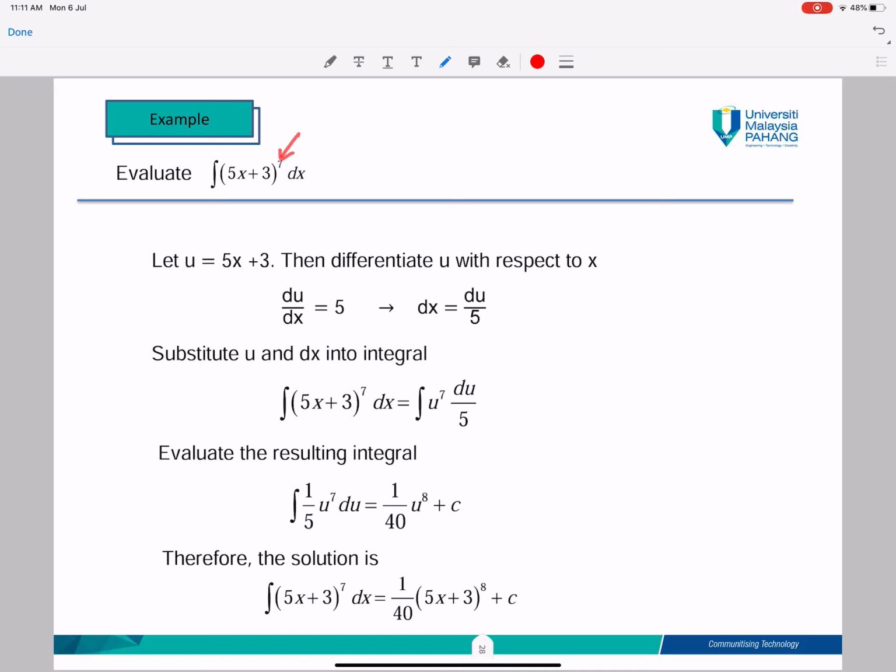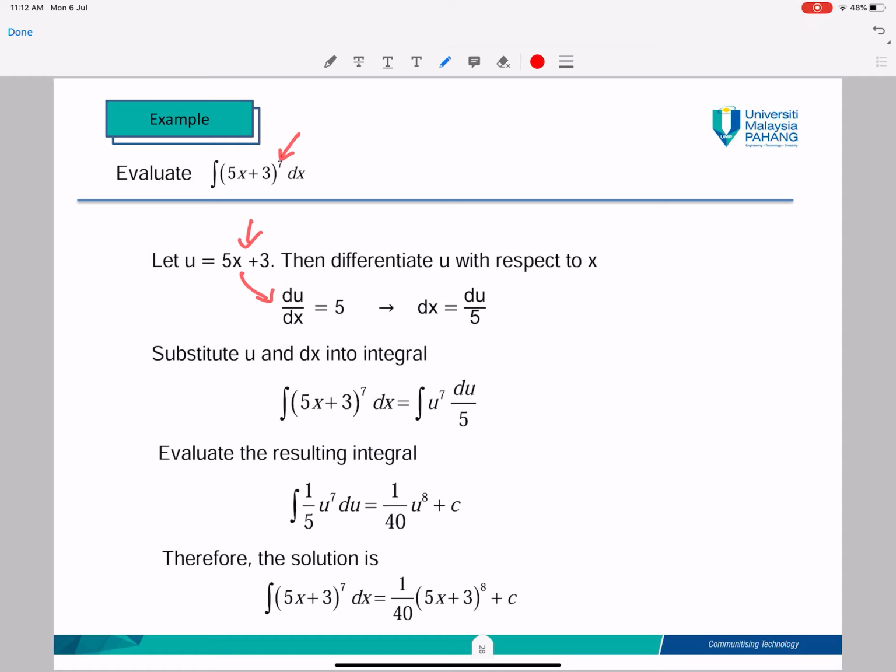So it is much easier if we use an integration technique, which in this case is the substitution technique. So let us let u equal 5x plus 3. And then we find du/dx, where du/dx is equal to 5. Then you'll find that dx is equal to du over 5.